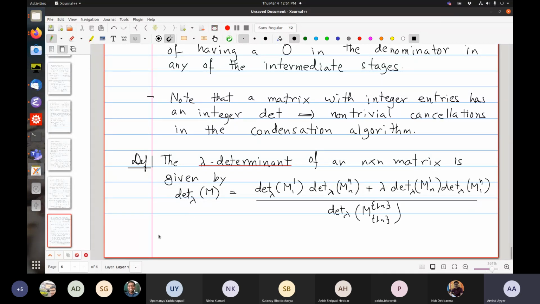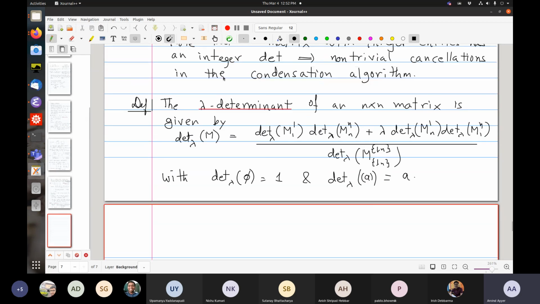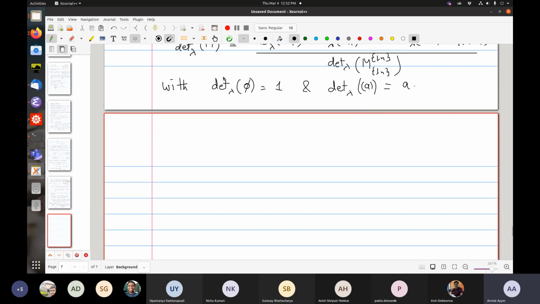With det_lambda of the empty matrix being 1. This is a recursion of order 2 because of this guy, so I have to tell you for 2 guys lower: det_lambda of the 1 by 1 matrix A is just A. So that's it. This is the lambda determinant.